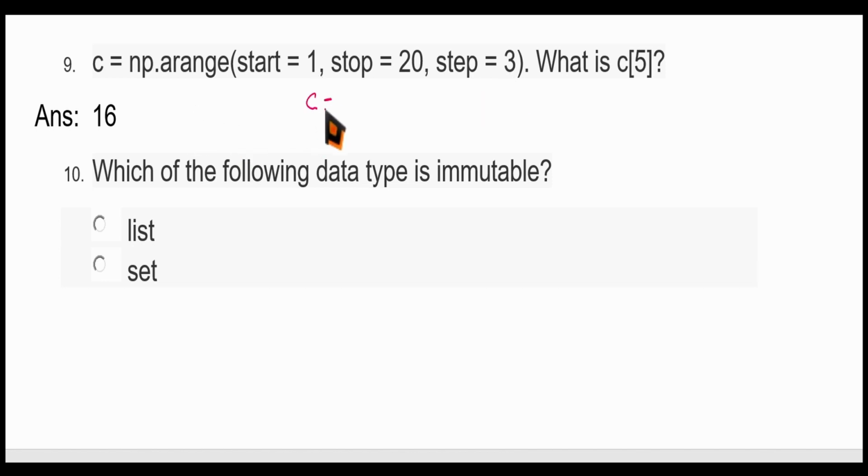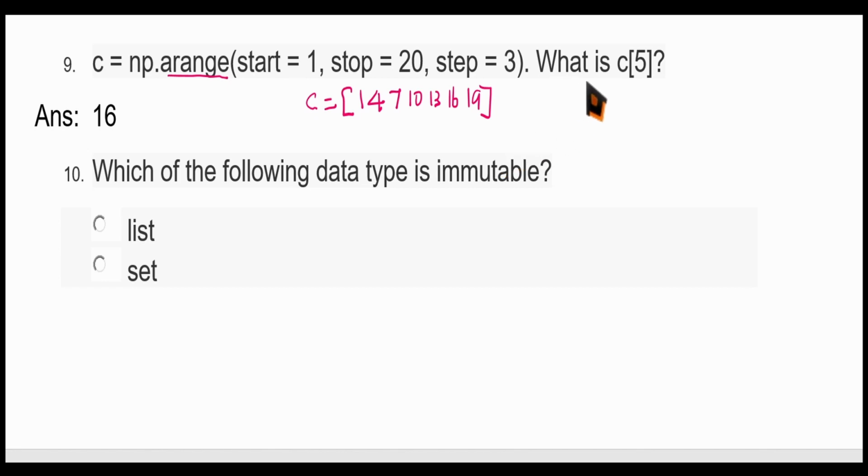So C will be 1, step is 3. So next one will be 4, then 4 plus 3, 7, then 7 plus 3, 10, 10 plus 3, 13, then 16 and 19. So this function will create an array like this.